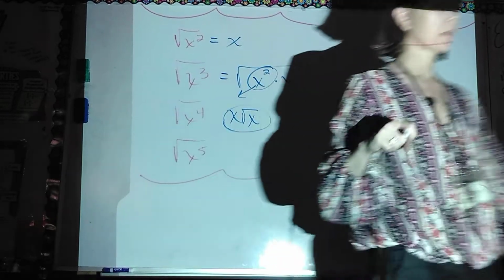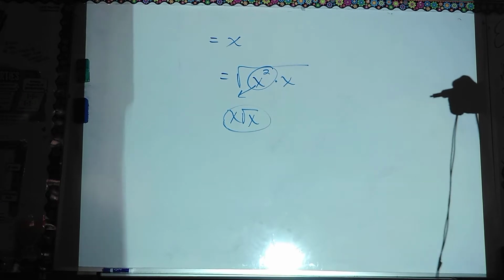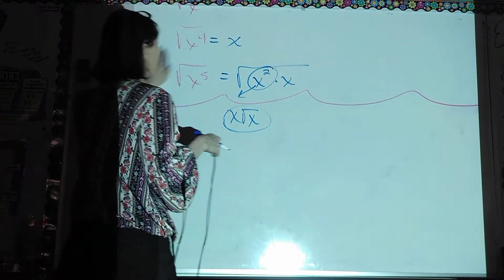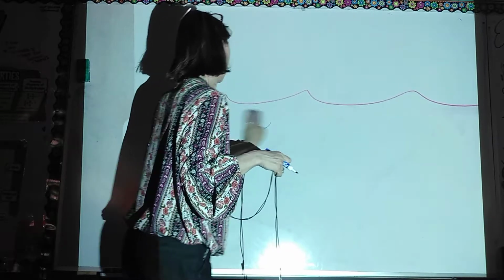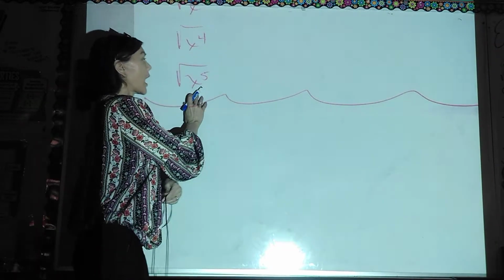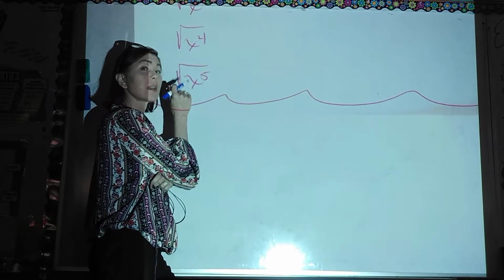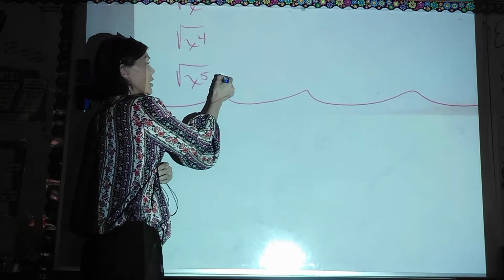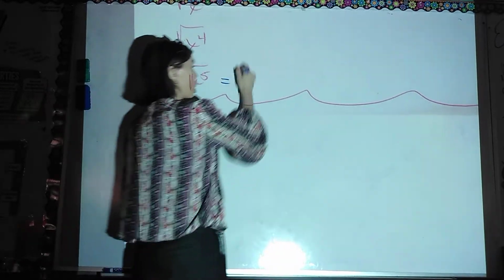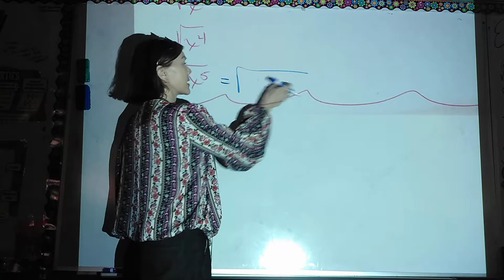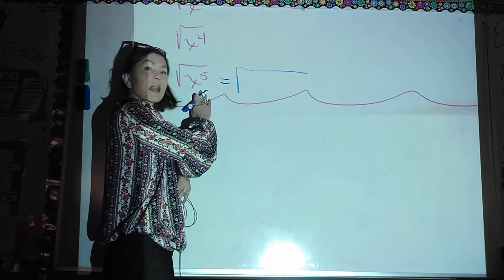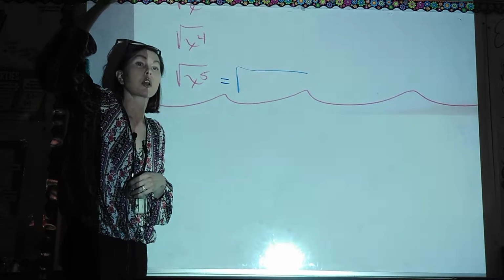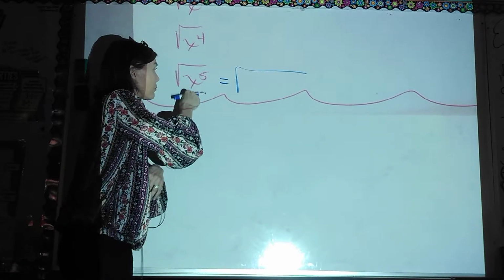Okay? So I'm going to do x to the fifth power. Now remember, I would put the star and remind myself of this: it's only when you have an odd exponent. The even exponents are perfect squares. So when you have an odd exponent, you have to draw the roof and ask yourself, what times what gives me x to the fifth? And you have to use the highest perfect square first.